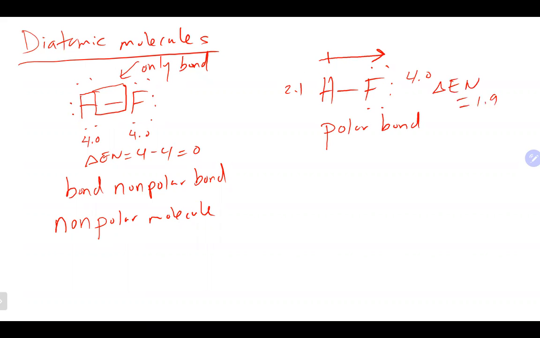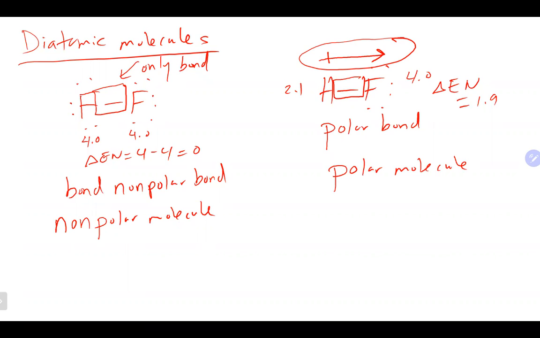For the exact same reasons as on the left, this polar bond is the only bond in the entire molecule, so we know this is going to be a polar molecule, where this is our dipole moment arrow heading towards the fluorine. That means the fluorine side has more electrons hanging out over there, and the hydrogen side has fewer.